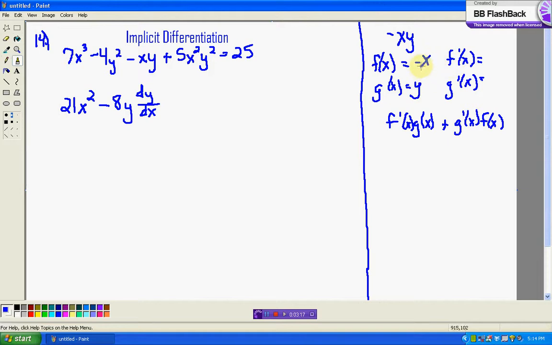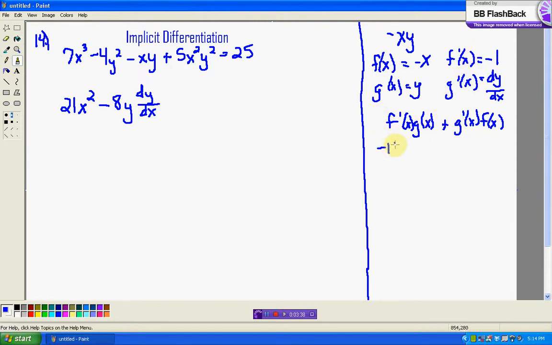Now remember, we're differentiating in terms of x, so when we take the derivative of negative x, we get negative 1. When we take the derivative of y, we get 1, but then because it's a y, we have to account for that by using dy/dx. So you plug these into our little product rule here.